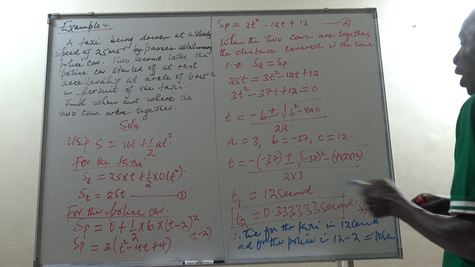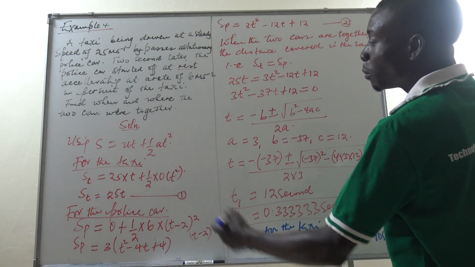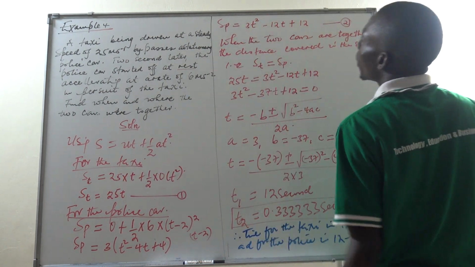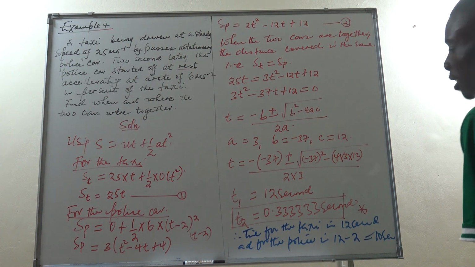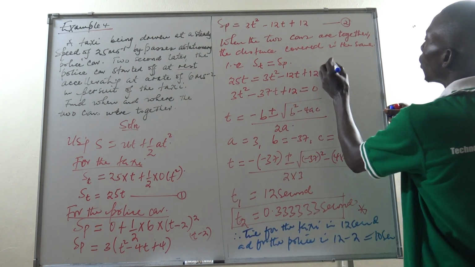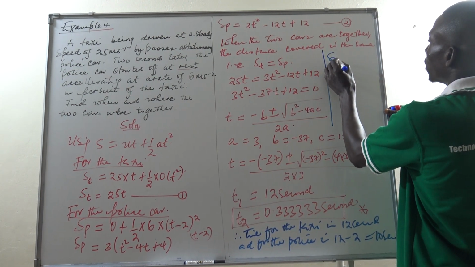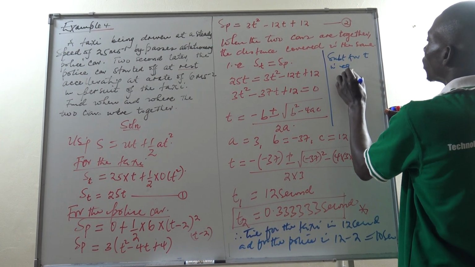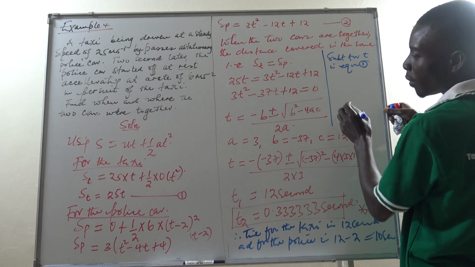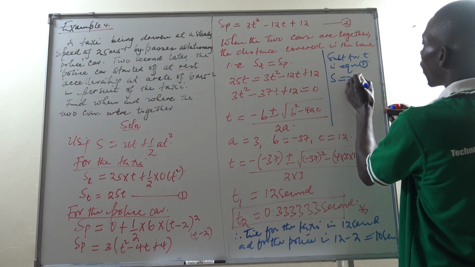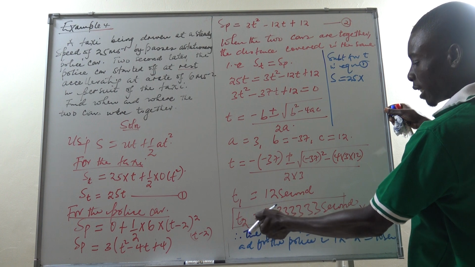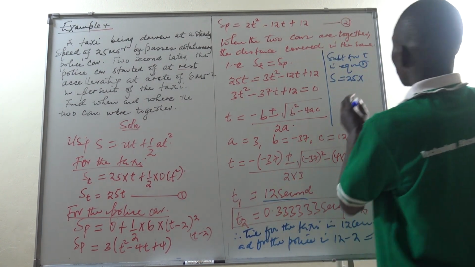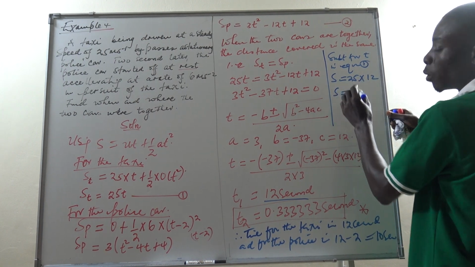So now, if we are to calculate the distance, we can substitute in any of the equations, because even if you substitute here or you substitute here, you will get the same answer. So if I'm substituting for t in equation 1, I will say S equal to 25 times my t, isn't it? This t here, 12.